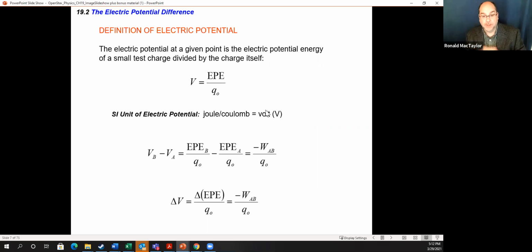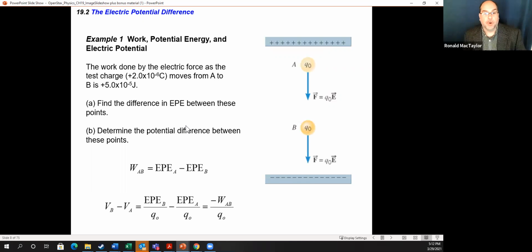And then you have some idea of the magnitude of energy that a charge will have when it travels through an electric field with the potential difference of 1 volt or 1.5 volts or 9 volts or 120 volts. So we can quantify that.